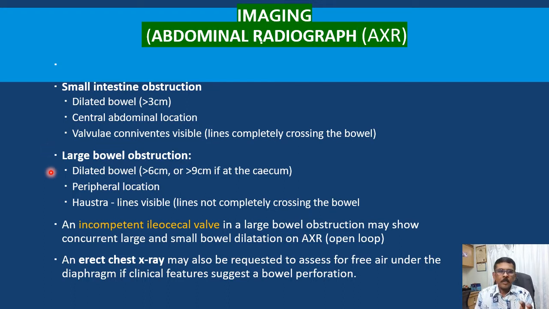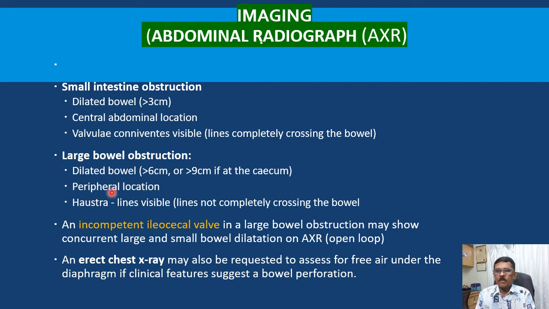This dilated large bowel is usually located in the periphery of the abdominal cavity, and the distinguishing feature on X-ray is the presence of haustrations, which are mucosal folds that show up as radio-opaque folds that cross the lumen of the large bowel incompletely, not reaching from wall to wall, okay, partial.